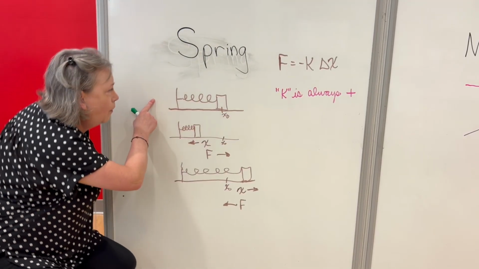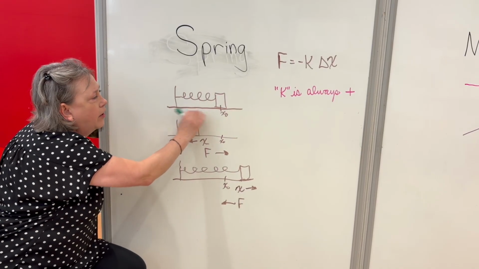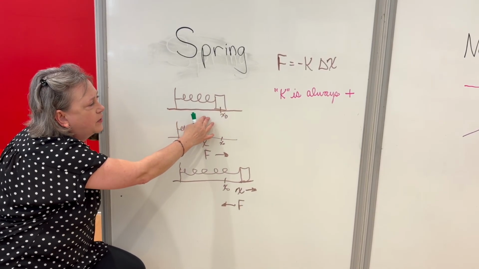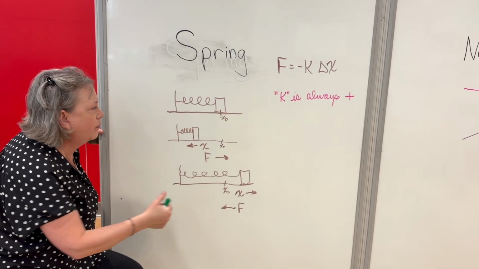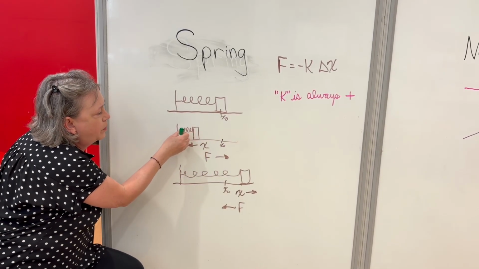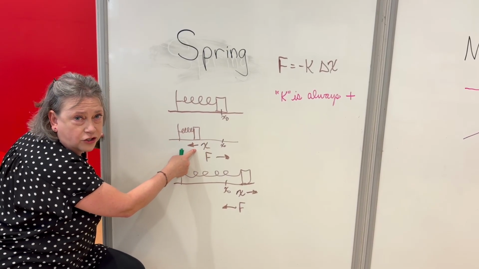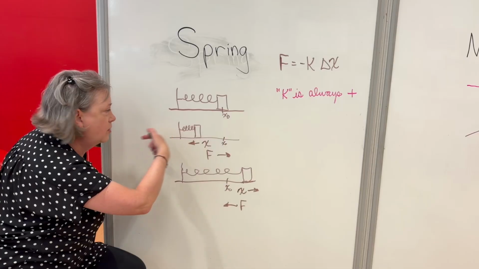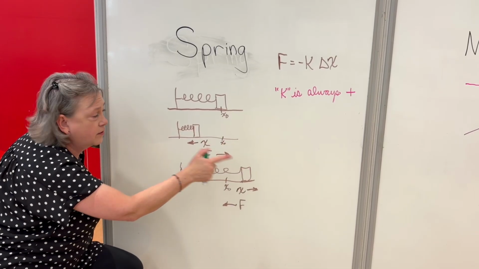All right, so this shows mass on a flat surface attached to a spring, and I've labeled equilibrium, X naught. So that's it at rest. If I compress this spring this way, I have changed the location by moving to the left. My restoring force goes to the right.